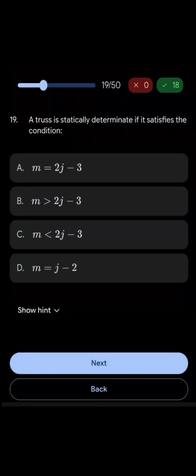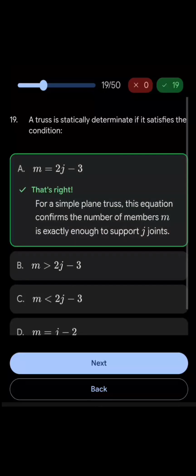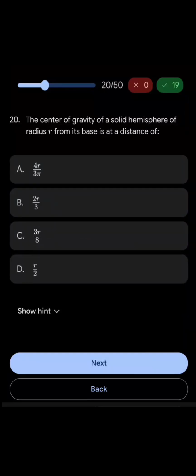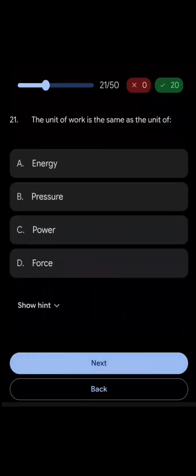A truss is statically determinate if it satisfies the condition M equals 2J minus 3. The center of gravity of a solid hemisphere of radius r from its base is at a distance of 3r by 8.